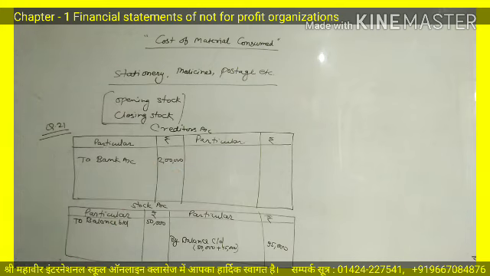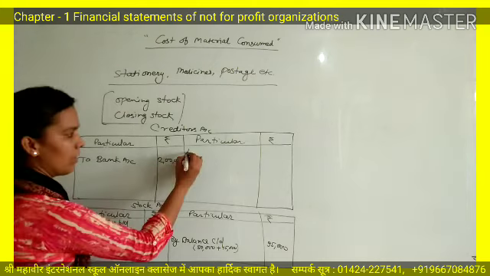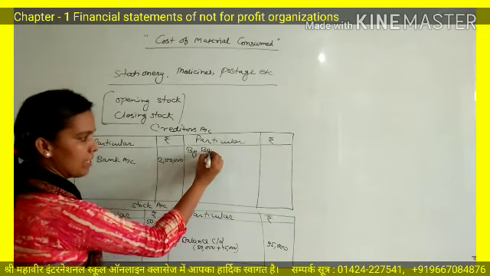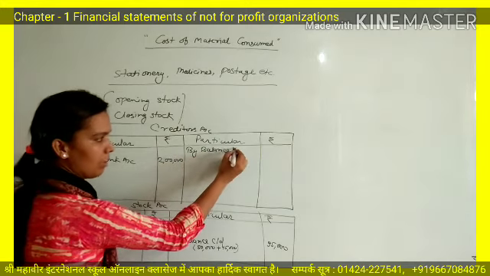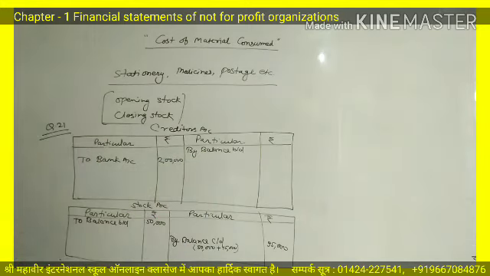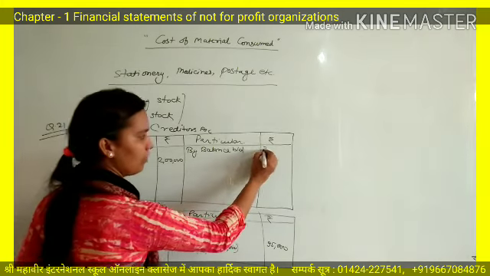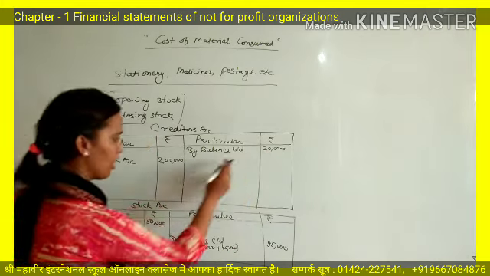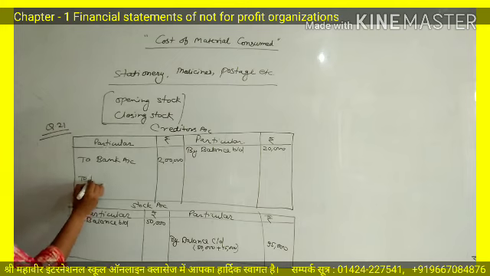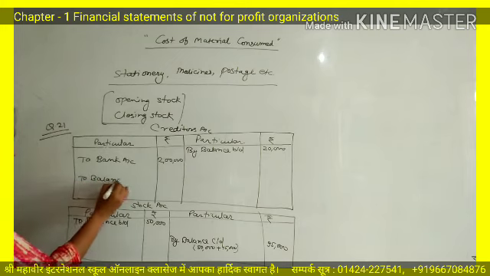Opening creditors and closing creditors. Creditors are liability, so balance will start from credit side. By balance BD, amount is 20,000. And closing creditors, these will be written in the debit side. To balance CD.